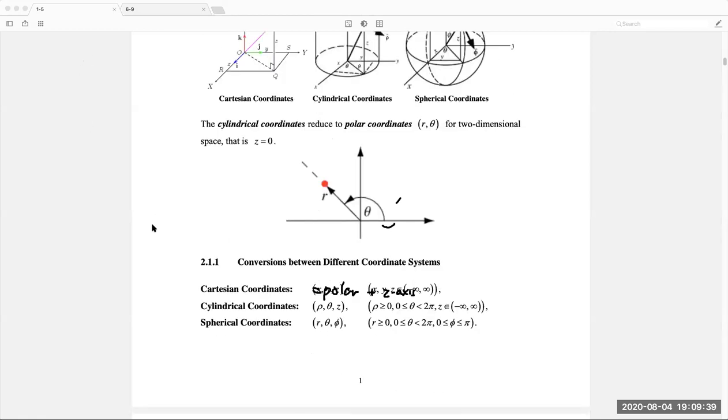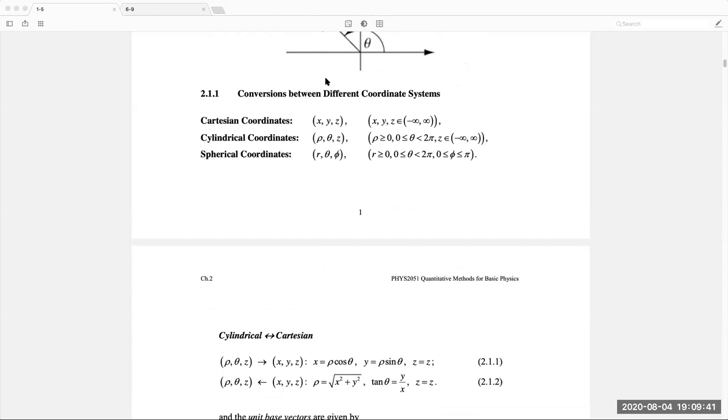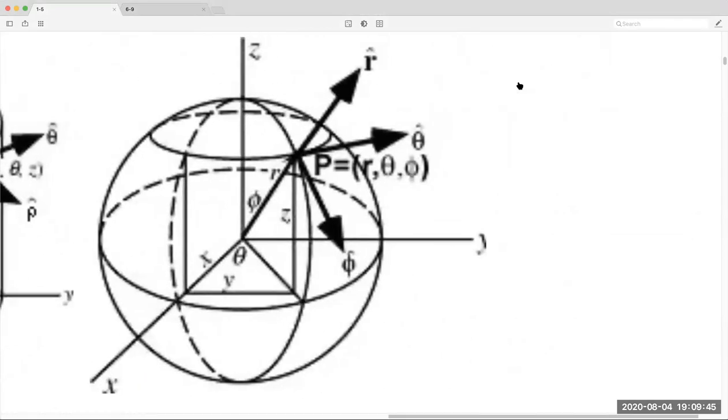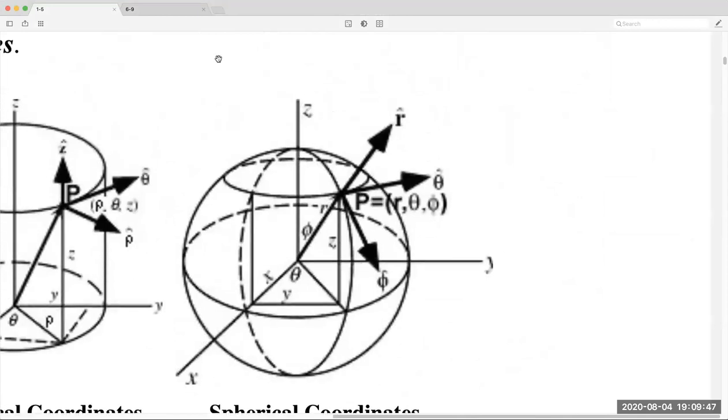Next we will talk about the spherical coordinates. It is a bit more difficult because there are 3 coordinates. We use one distance and 2 angles to represent a point in spherical coordinates. R is equal to the distance from O to P. And for theta, first of all you need to define one point.